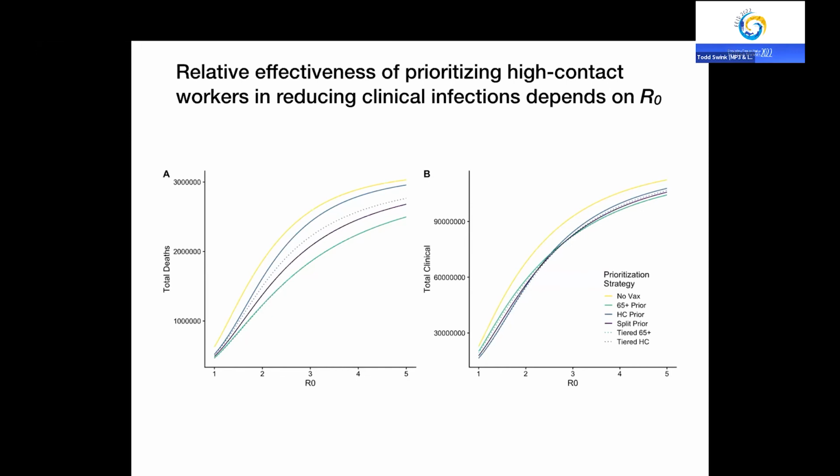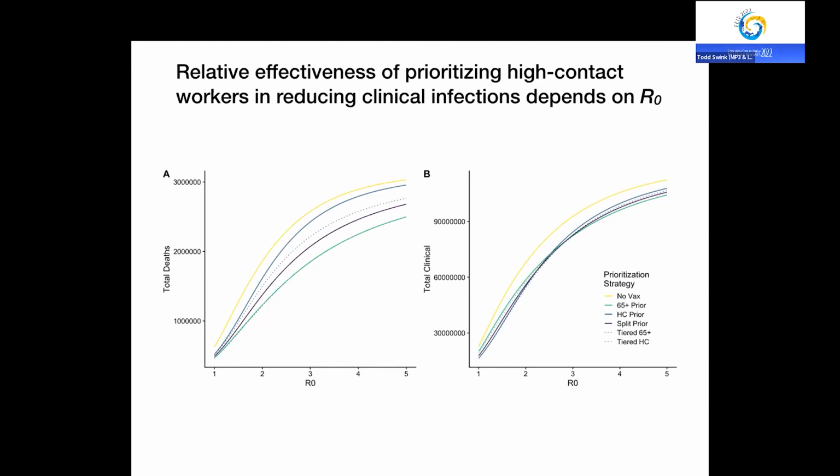So in particular, in terms of R naught, what we find is that for higher values of R naught, we actually see that the relative effectiveness of prioritizing high contact workers for reducing clinical infections is actually reduced, which is a little bit counterintuitive to what we had thought.